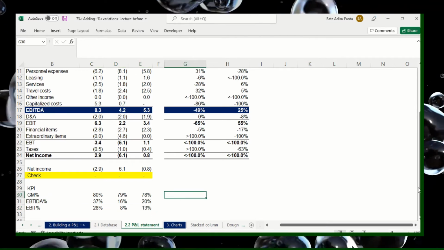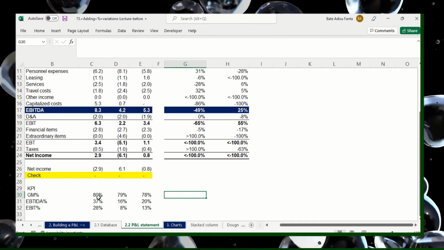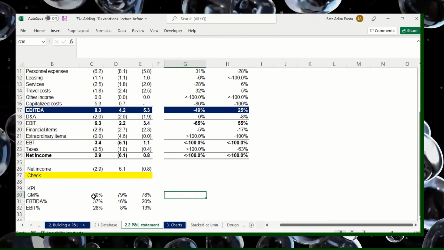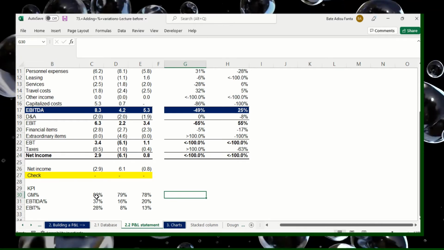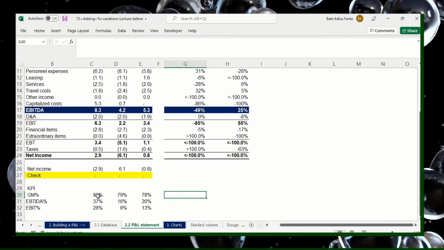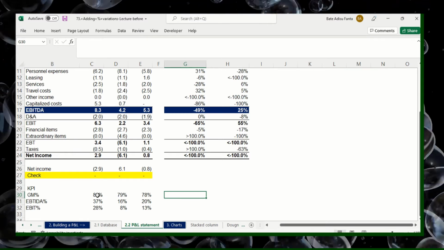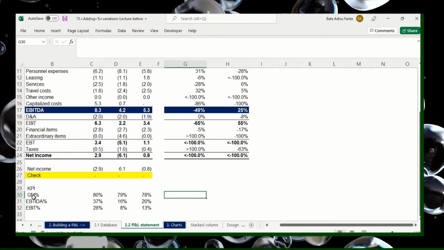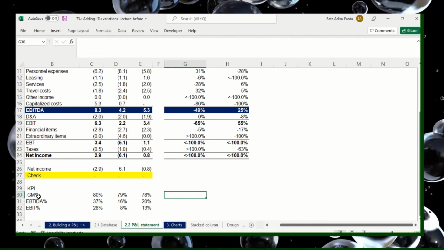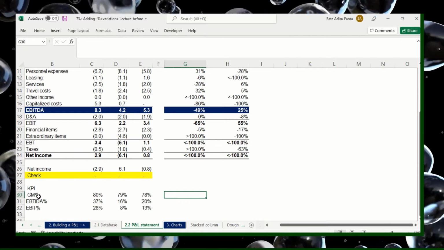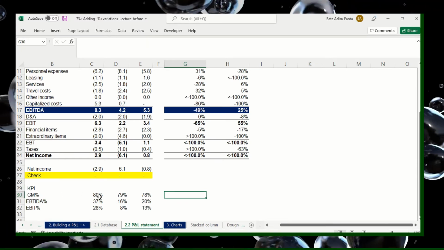So from this, what we understand is that in 2016, the gross margin percentage was 80%. In short, gross margin means gross profit margin. Out of the sales that a company makes, the profit is 80%.